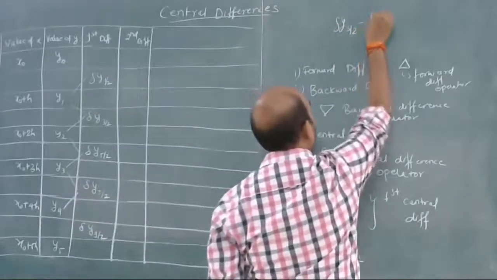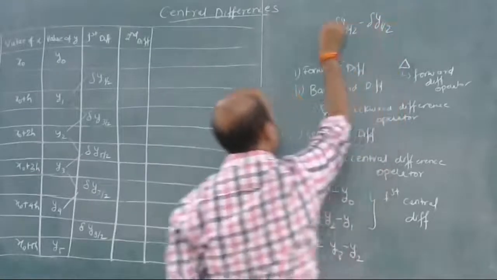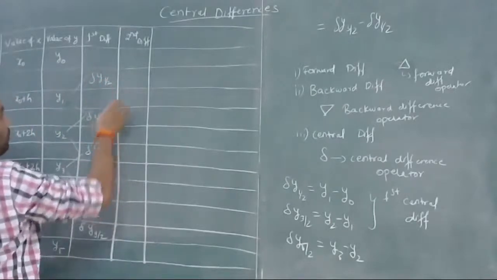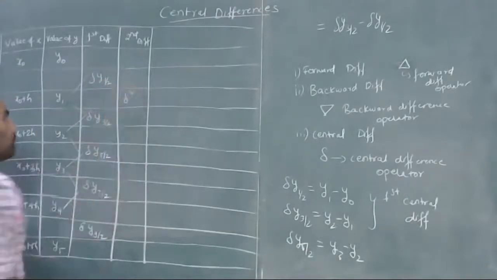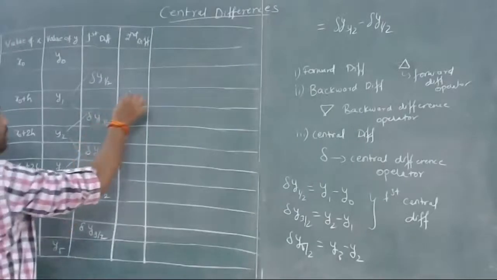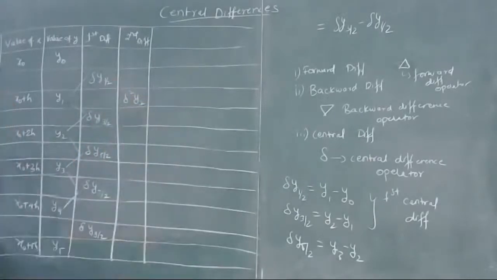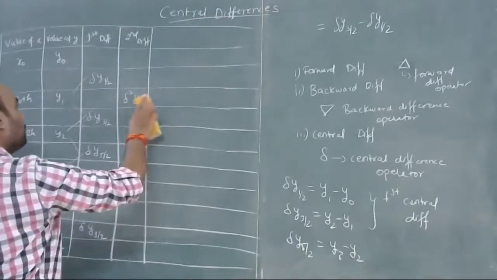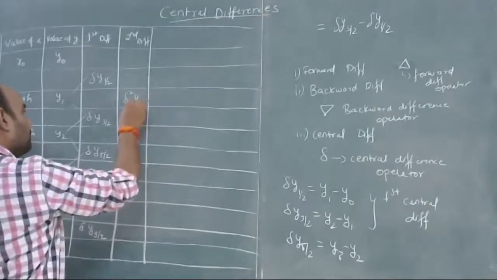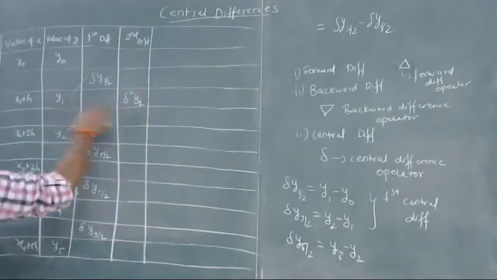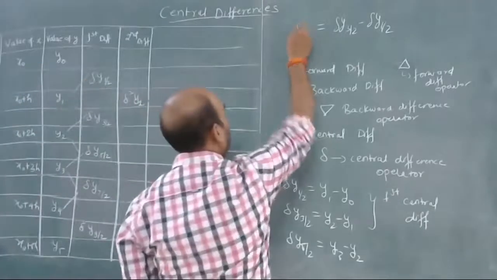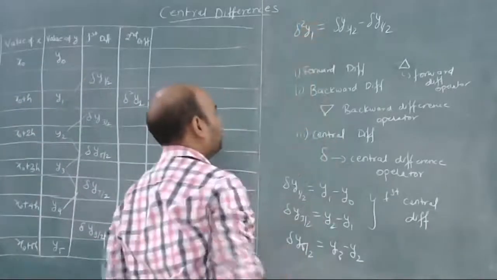The difference of these two terms is the second difference, giving del square y1.